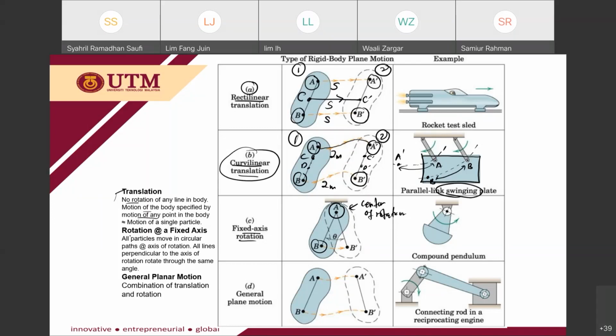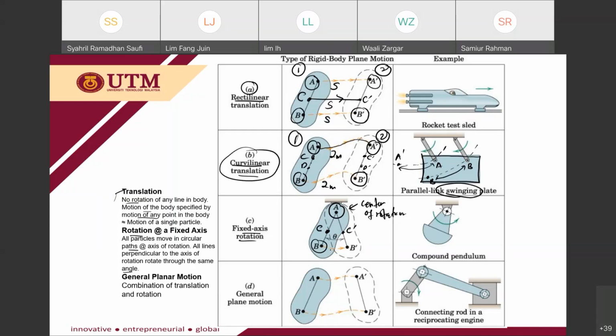For the rotation, all particles move in a circular path about the axis of rotation. All lines perpendicular to the axis of rotation rotate through the same angle. Let's say you have a point C here, so C moves to C prime, and the angle covered from C to C prime is the same as B to B prime.